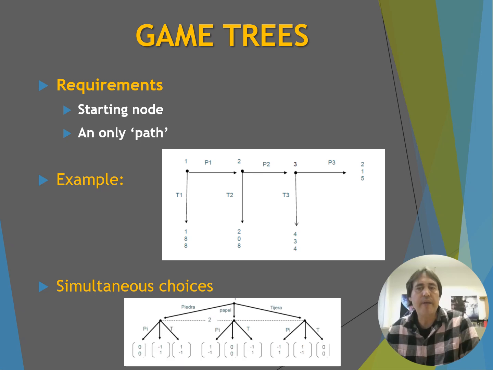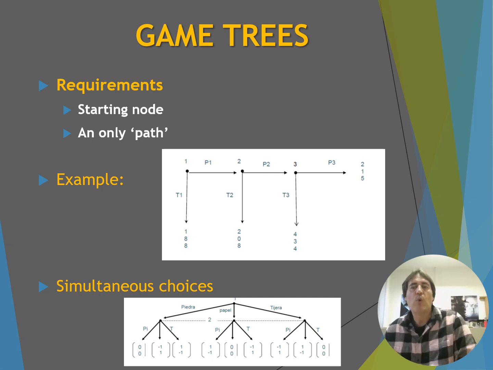The key here is the dashed line connecting 3 nodes, labeled 2, in the graph. The dashed line indicates that player 2, when making a move at any of those nodes, doesn't know exactly which node they are at. In other words, they don't know what player 1 chooses.